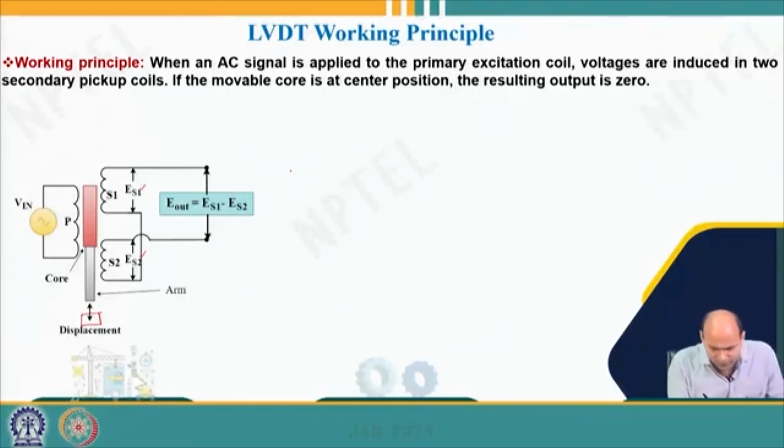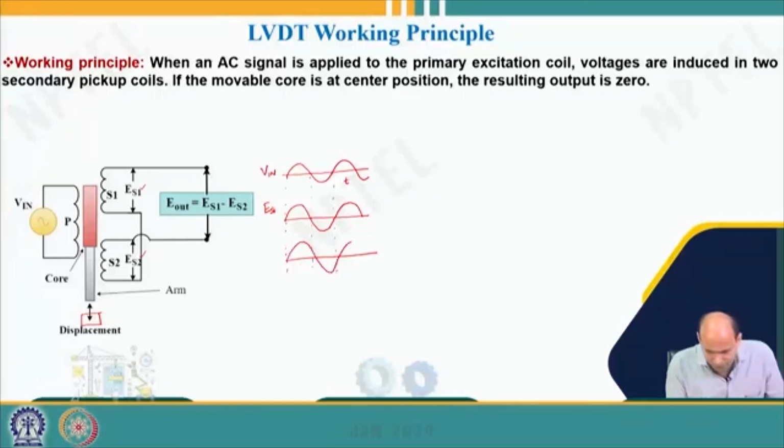So suppose this is my input Vin versus T. Now if I consider that the core is at central position, then this one will be your ES1 and this one will be your ES2.